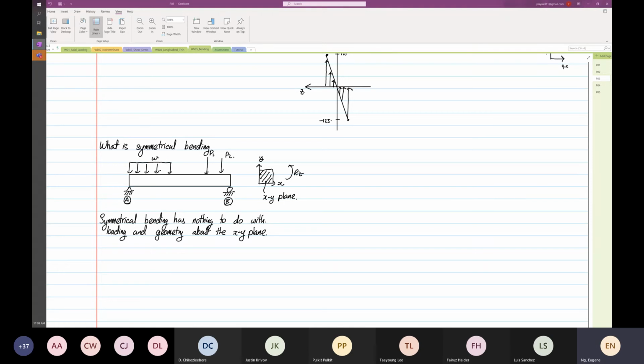Then how is this classified as symmetrical bending? I'm going to draw three different shapes for you. In the interest of time, I'm just going to draw two. So one looks like this.